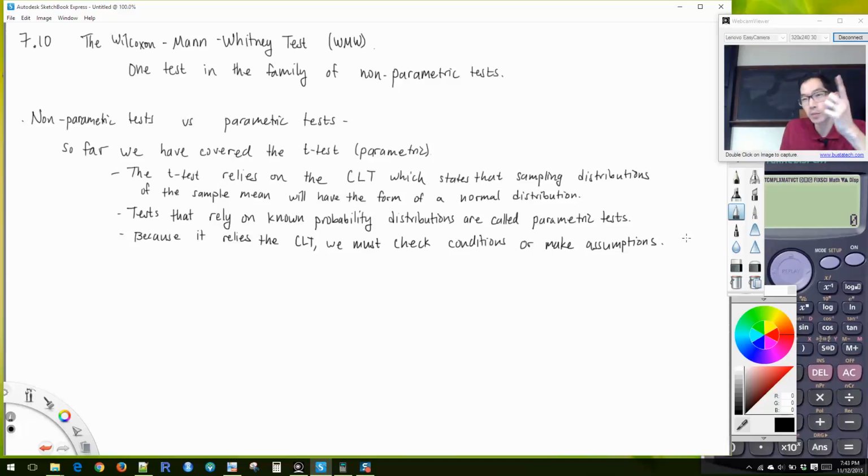Okay, the sample has to be selected randomly. And then there's two others. The sample size must be large, must be large enough, but not too large. Otherwise, we'll have problems.